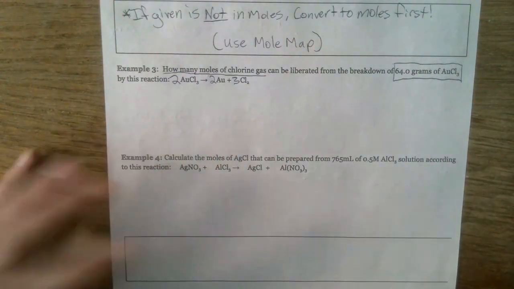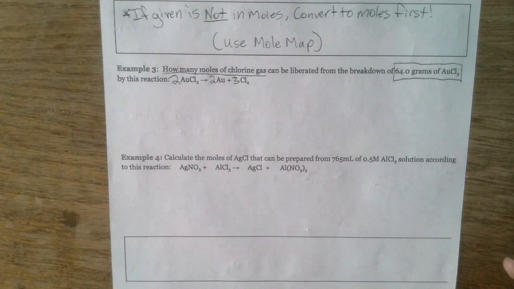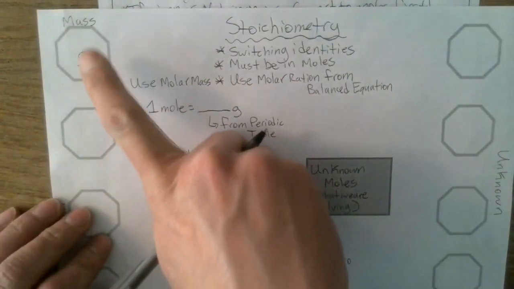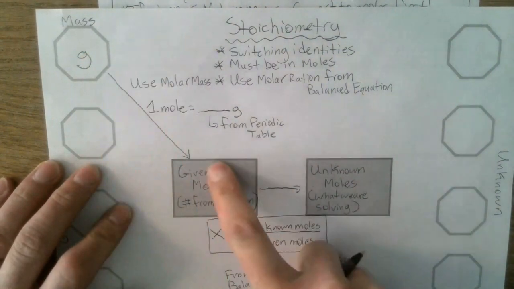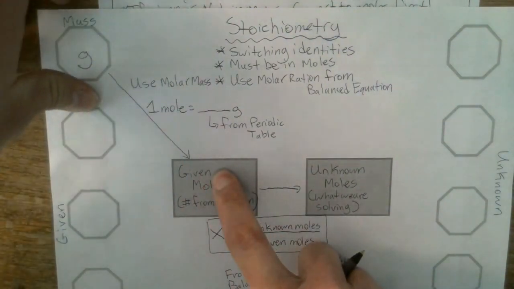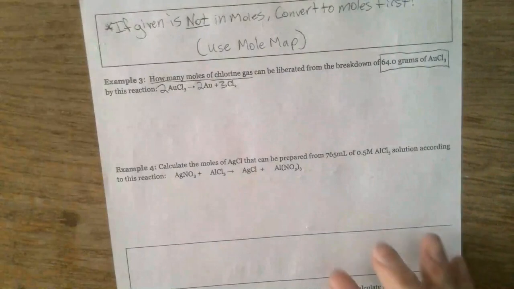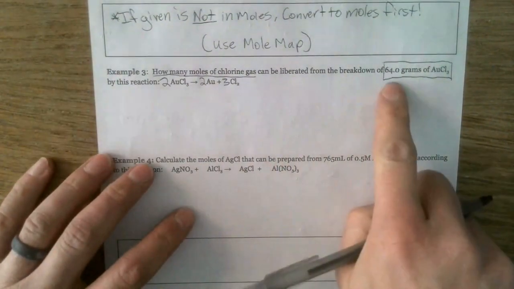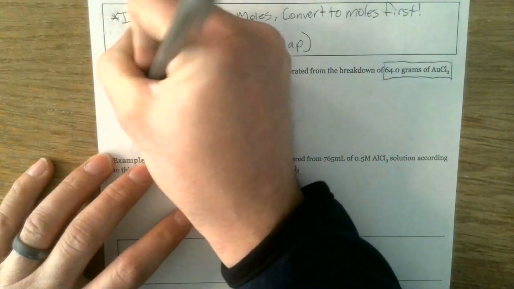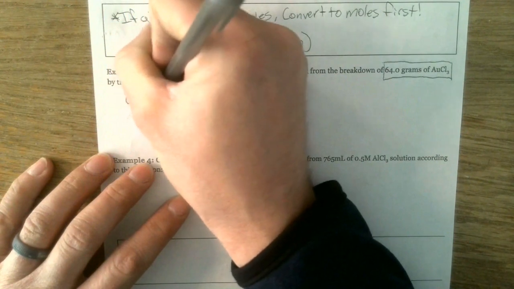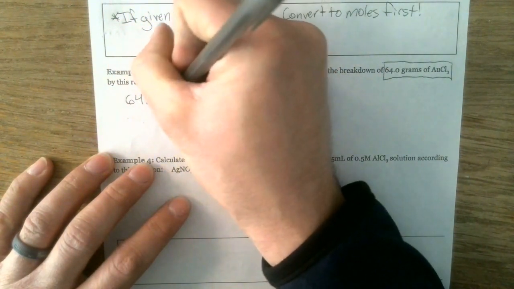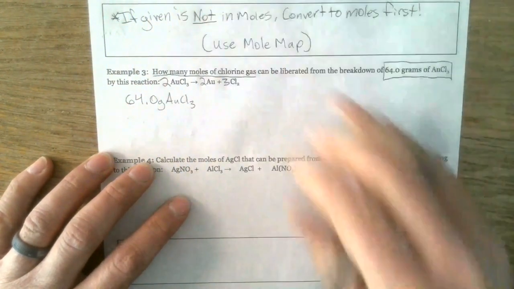All right, so let's start to set this up and again reference our stoichiometry map. Here we're trying to go from grams to moles. We always start with whatever we're given, so in this case, 64 grams of AuCl3.